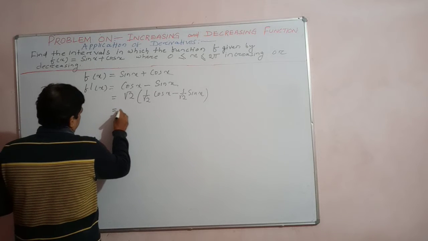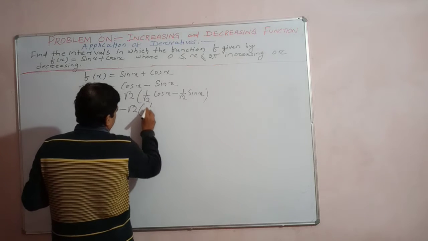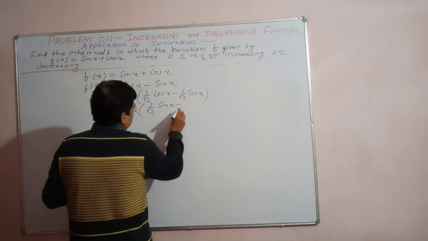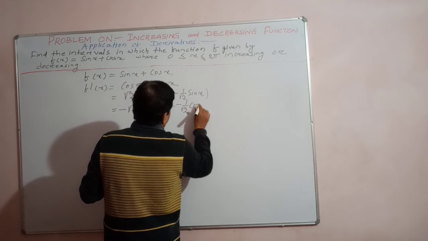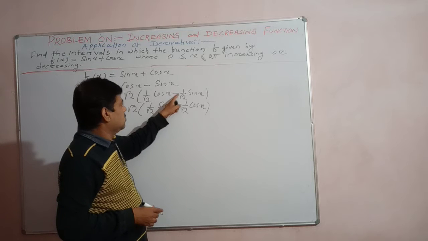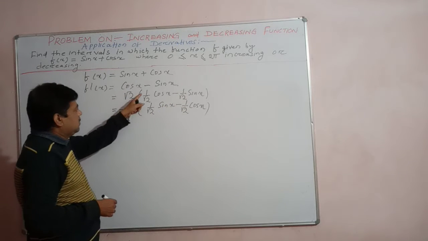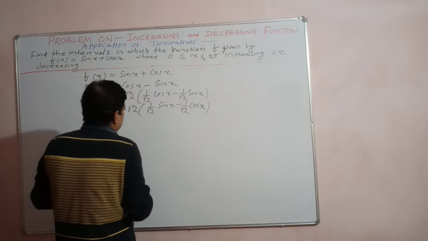Let us take common minus root 2. Then it will be (1/√2) sin x − (1/√2) cos x, since bringing the minus sign out, the minus 1/√2 sin x becomes plus 1/√2 sin x, and the plus 1/√2 cos x becomes minus 1/√2 cos x. Okay.